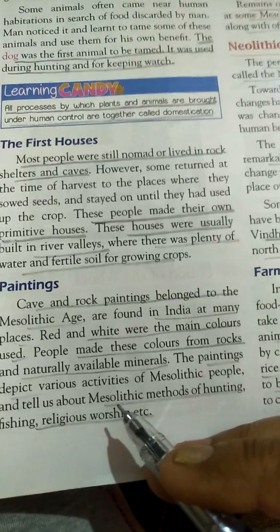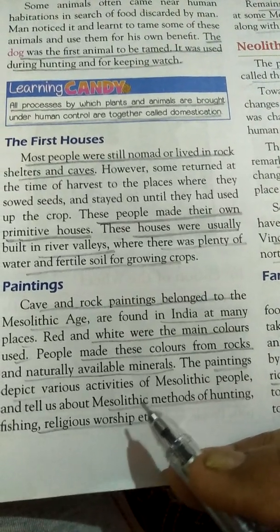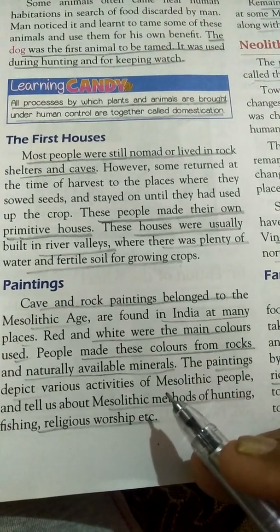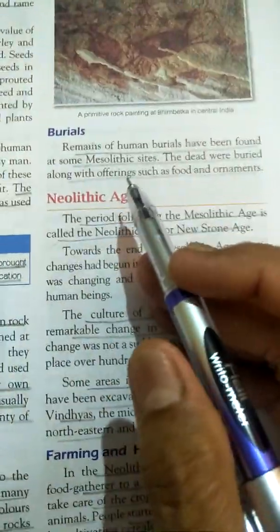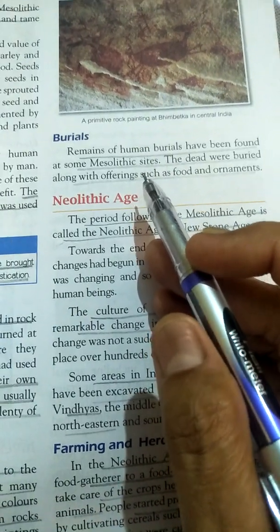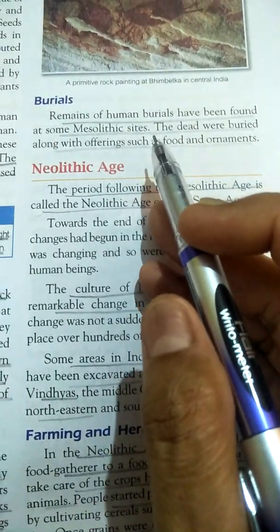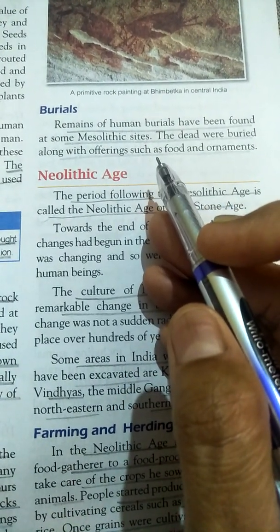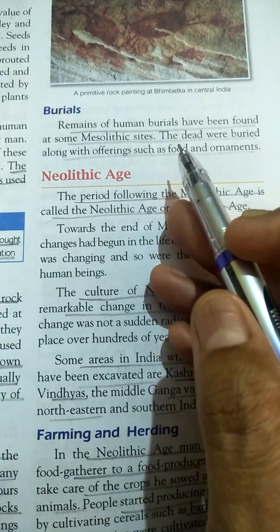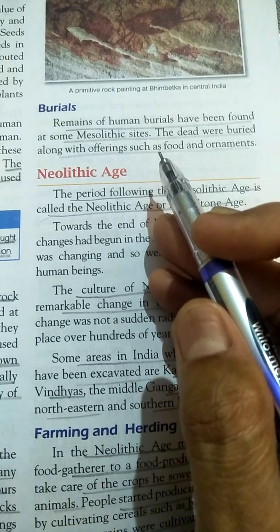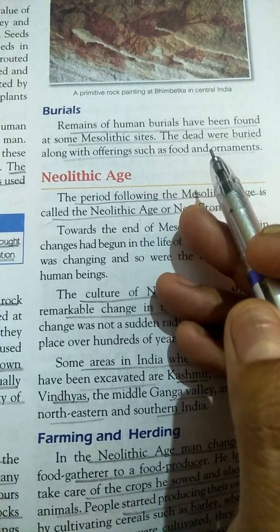The paintings tell us about the Mesolithic methods of hunting, fishing, and religious worship, etc. Burials. Remains of human burials have been found at some Mesolithic sites. When they buried the dead, they offered them food and ornaments.